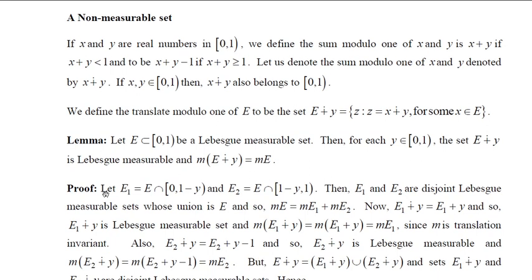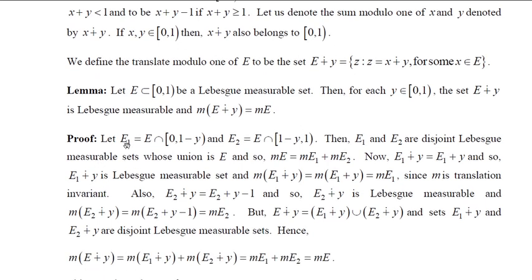Let's prove this one. Let us construct two sets E1 and E2. E1 is E intersection the half closed, half open interval [0, 1 minus y), and E2 is E intersection the half closed, half open interval [1 minus y, 1).